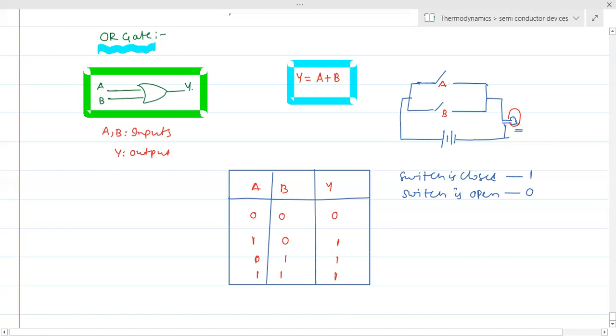That is the law. Or in other words, if A is high or B is high, at least one out of A and B, the output is high. So clearly I'm writing the definition here. The output is high when at least A is high or B is high.